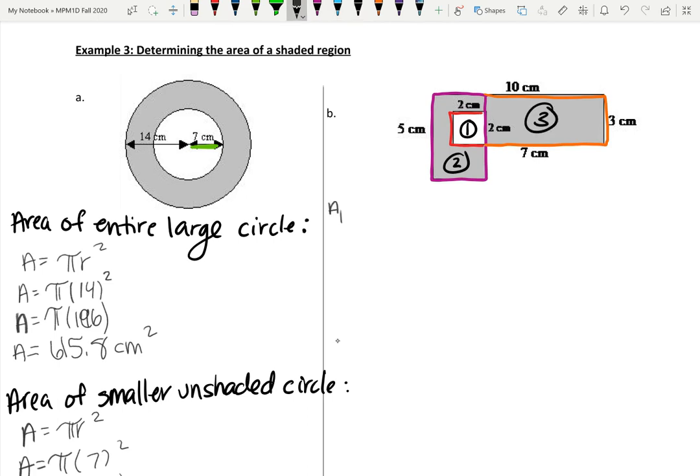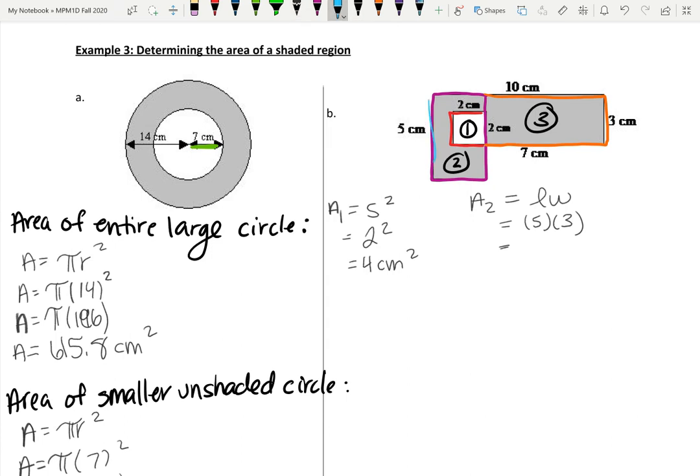Area 1, length times width, or for a square, side squared. 2 squared, 4 centimeters squared. Area 2, length times width. 5 times 3.